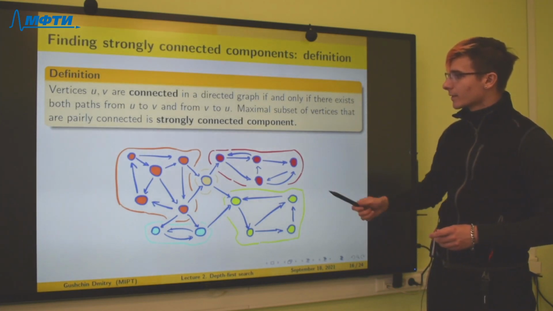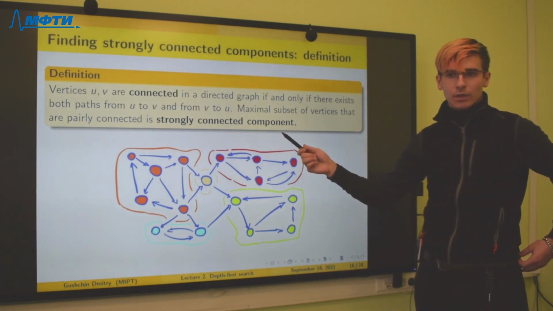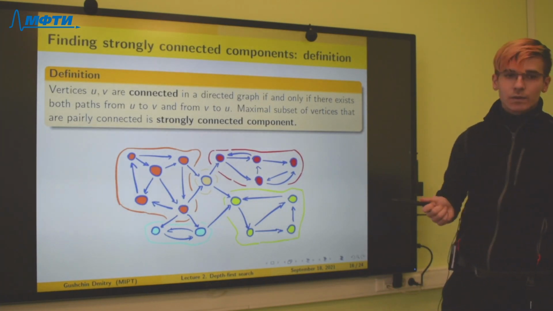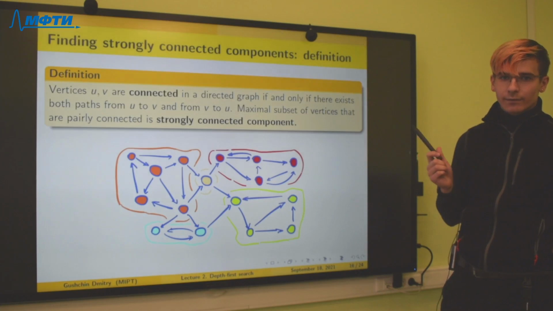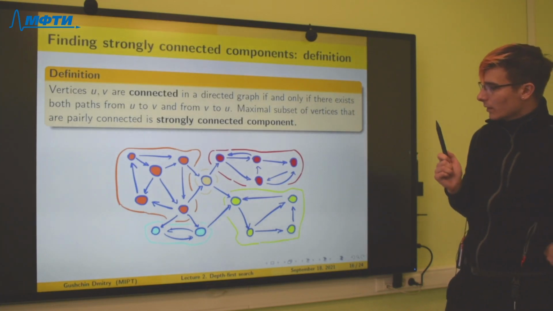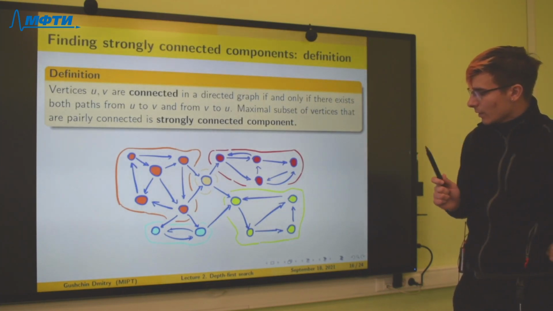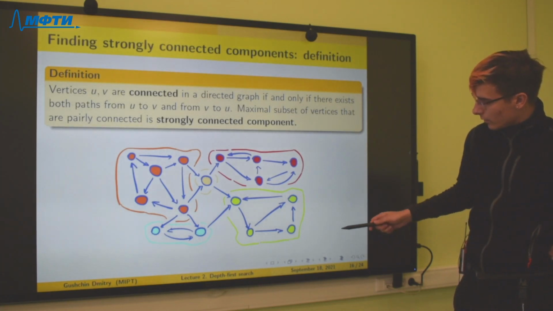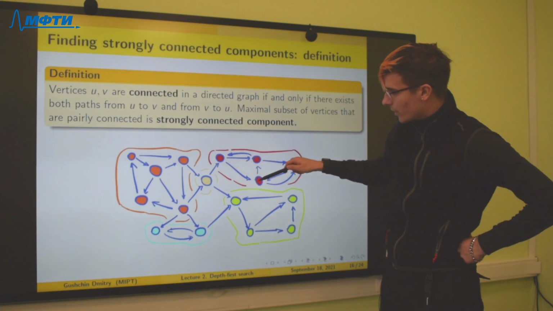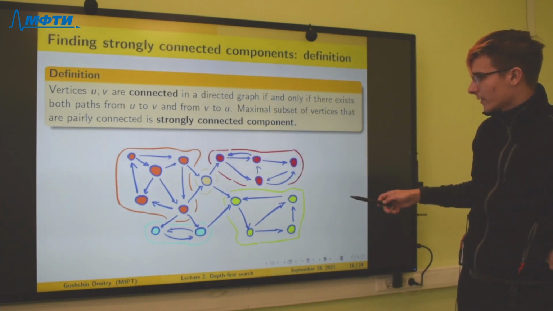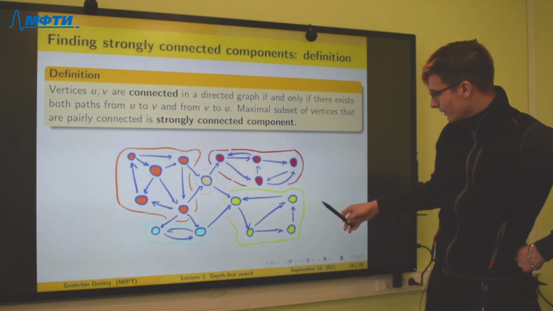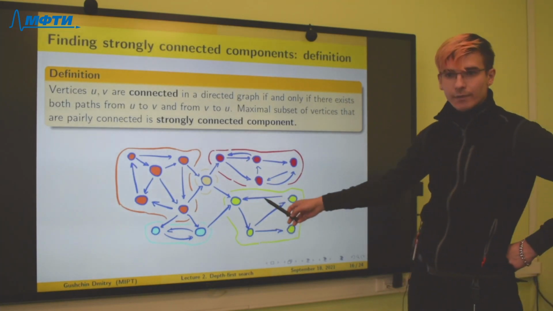It's about strongly connected components. It is another definition of connectedness in a directed graph. As you can see in this figure, there are four parts of our graph that contain vertices that are reachable from each other.